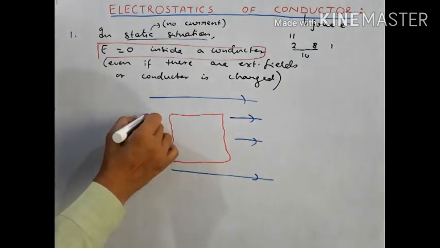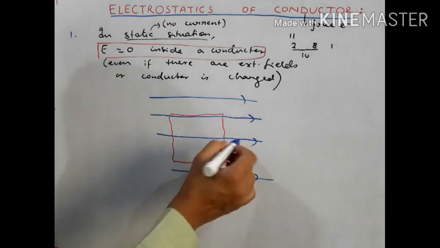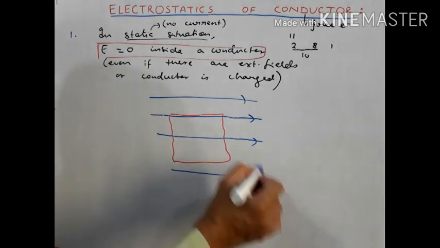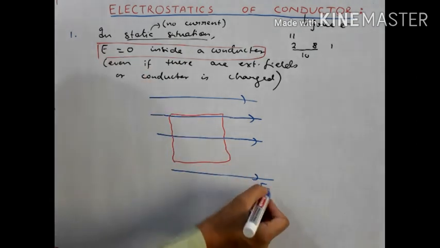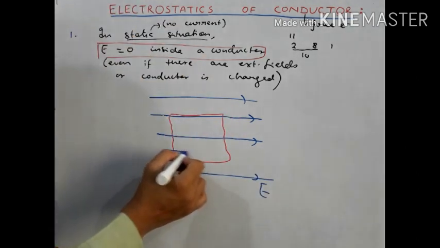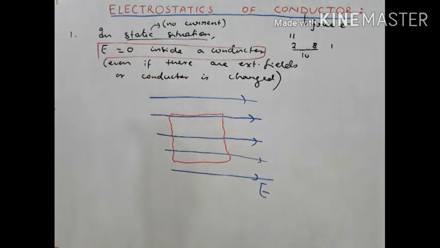So this conductor is placed in external electric field. That electric field I am writing as E. So E is the external electric field. So these electric field lines are actually representing uniform, but it may not be uniform field also.